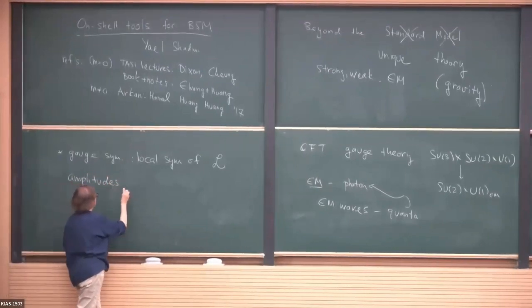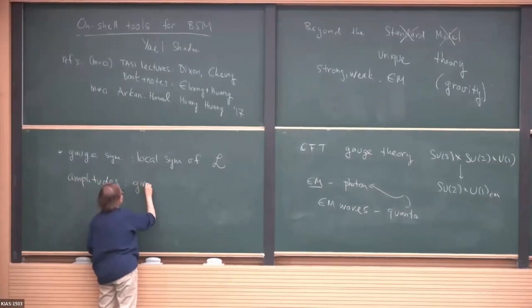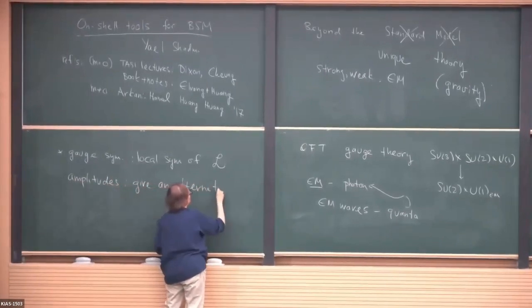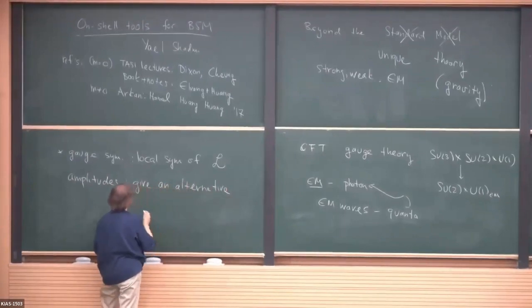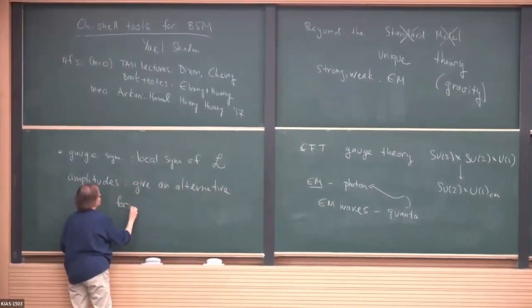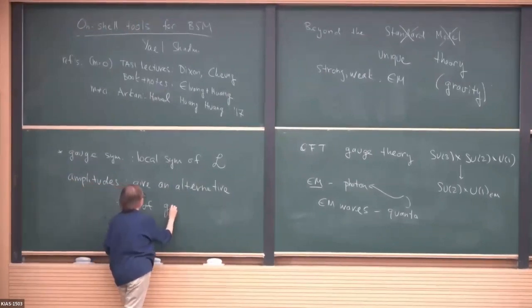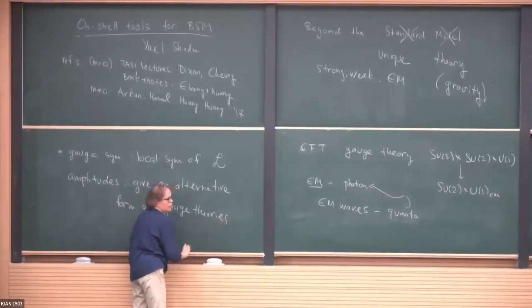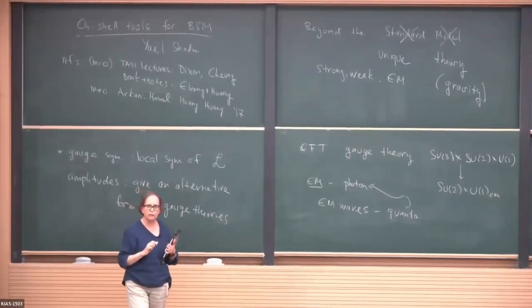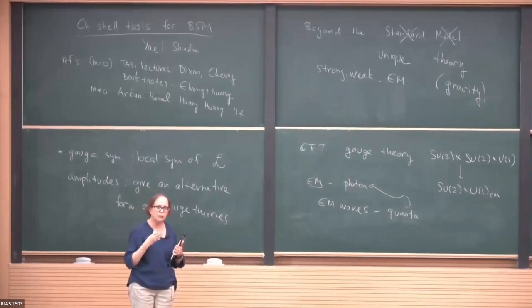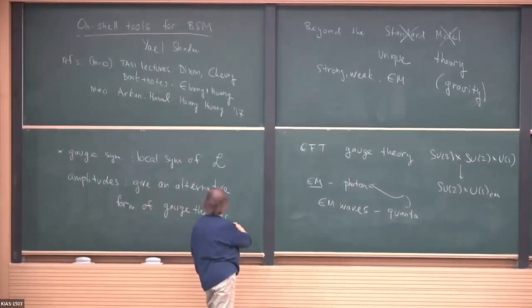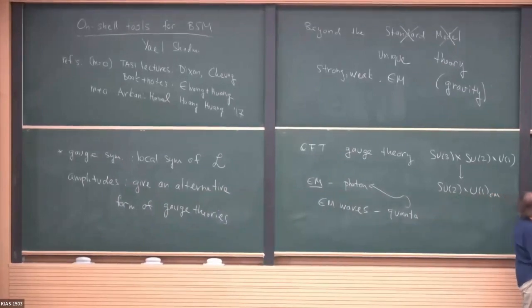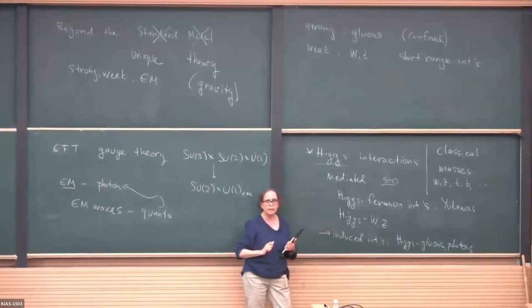So what we're going to see is that amplitudes give an alternative formalism or alternative formulation of gauge theories. And since we're also going to talk about massive amplitudes, there is some hope that we can tie this also to not just massless gauge theories, but massive gauge theories and the Higgs mechanism.